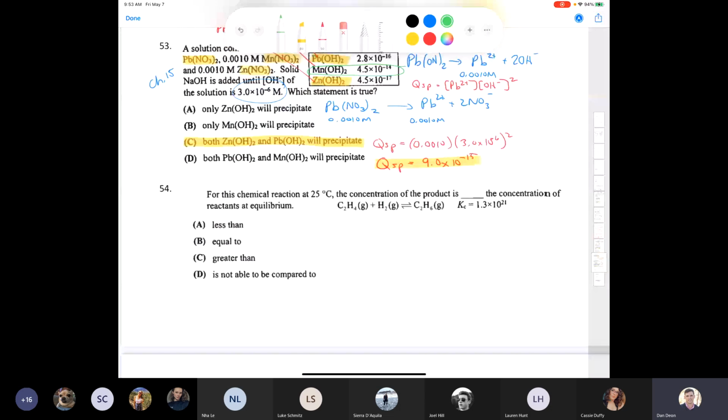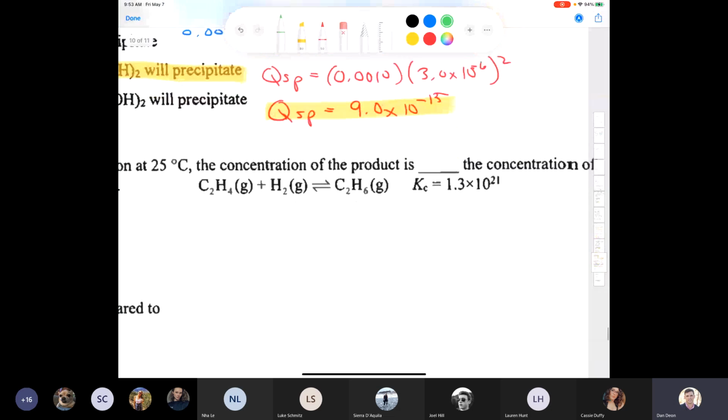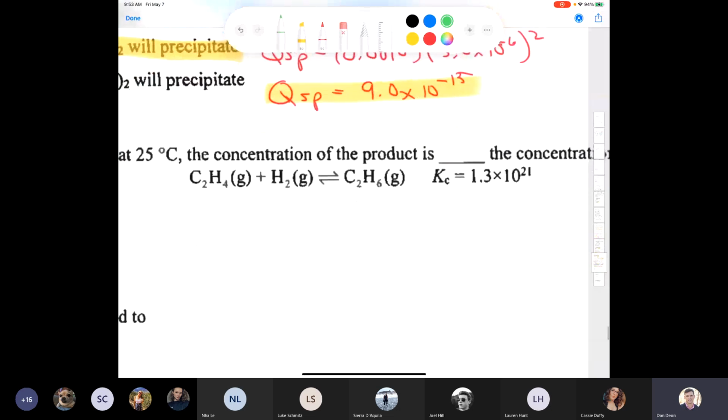Question 54. For this chemical reaction at 25 degrees Celsius, the concentration of the product is blank the concentration of the reactants at equilibrium. You have this reaction here, C2H4 gas plus H2 gas is in equilibrium with C2H6 gas. My Kc is 1.3 times 10 to the 21. You see that your Kc is much greater than 1.